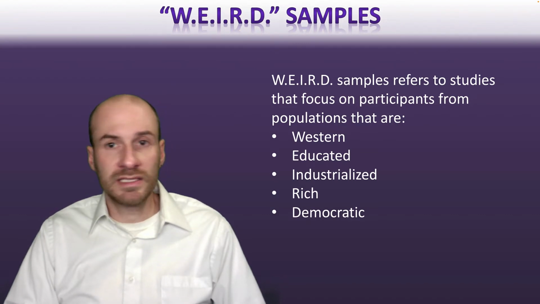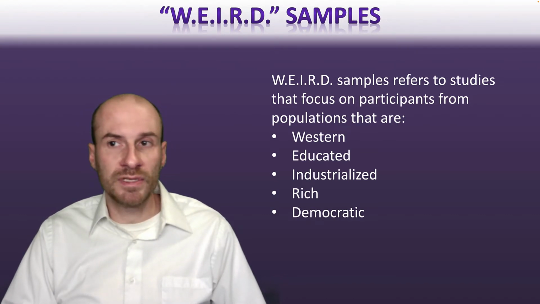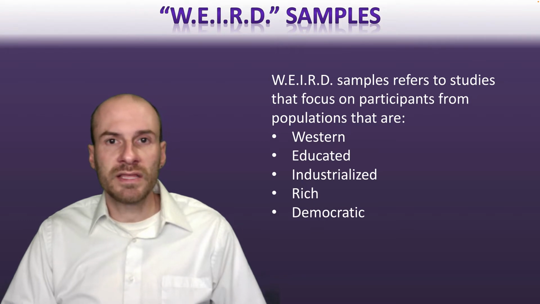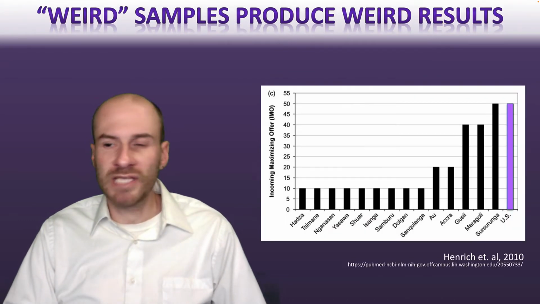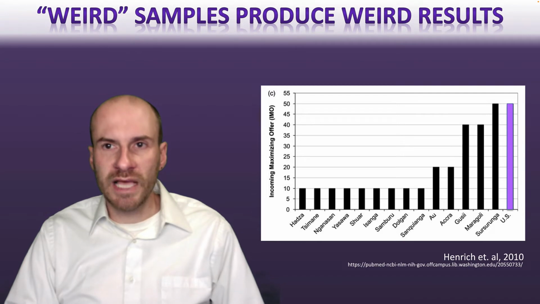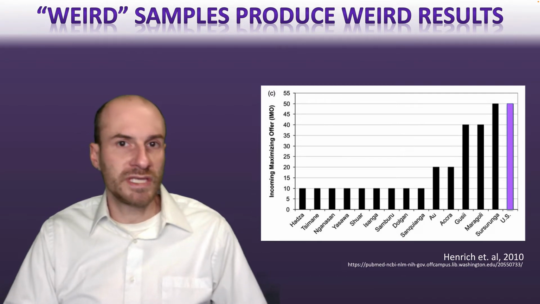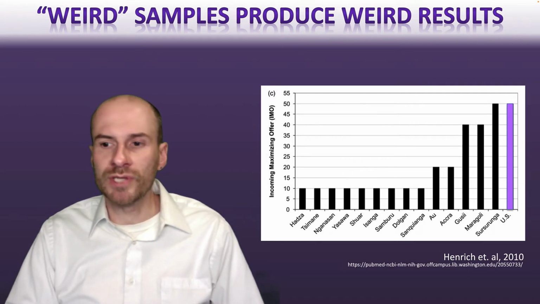Now, this is a problem because it tells us that the information we're gathering may not be representative, and this is just an example of how weird samples also produce weird results.